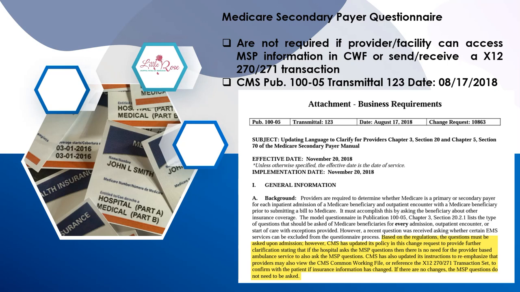They are not required if the provider or facility can access the MSP information via the Common Working File, CWF, or send and receive an X12, a 270 or 271 transaction, an inquiry, and a response.